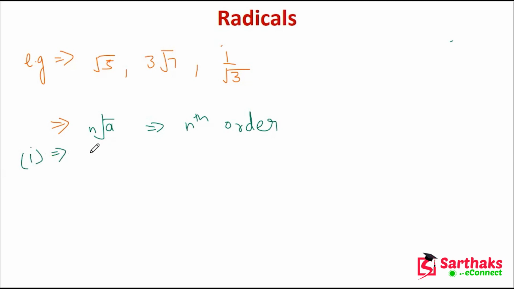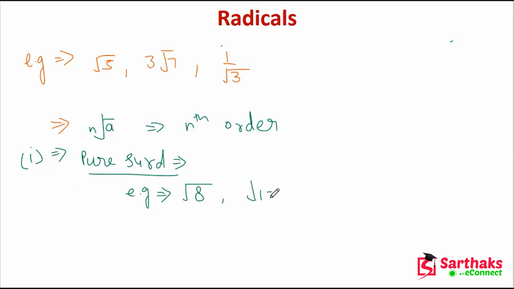What is a pure surd? A surd in which the whole of the rational number is under the radical sign, making it the radicand, is called a pure surd. For example, listen to me very carefully: under root 8, cube root of 15.